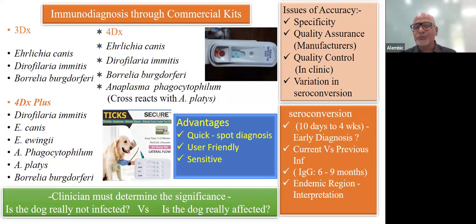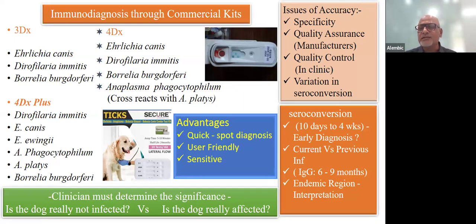We usually say in the judiciary system that justice delayed is justice denied. In a similar mode, we can say here, particularly in ehrlichiosis, that diagnosis delayed in the early phase is like a diagnosis denied.